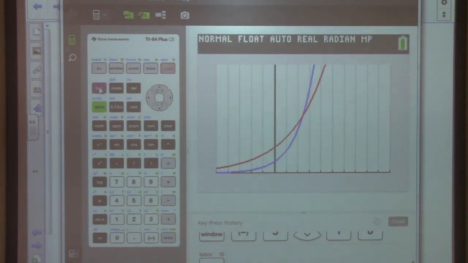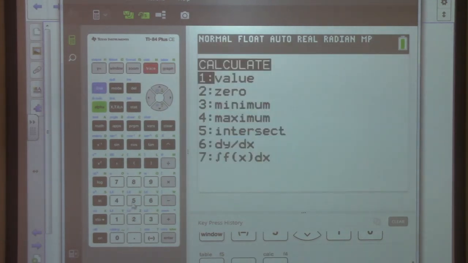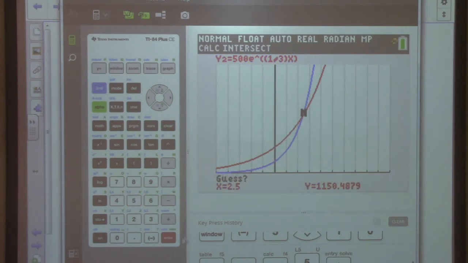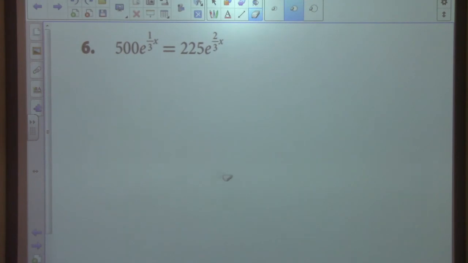All right, so second trace 5, enter, enter, enter. So is that what you got, Victoria? Yes. 2.396 maybe? And I don't know how to do it the other way, so Steve said I have to do that, but I did check it the way that you said the book did, and it worked. Okay. Yeah, so you check by substituting in.